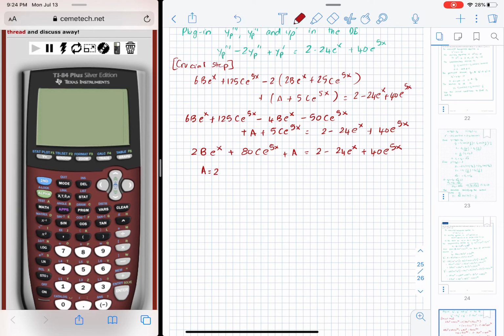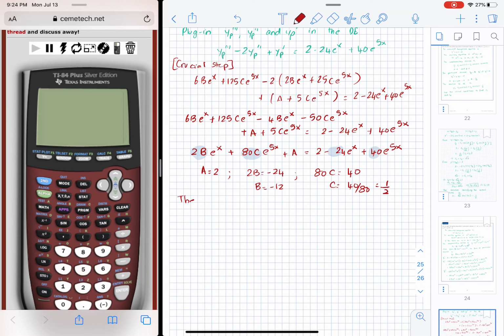I'm comparing that term to that term, so 2b is negative 24, which would mean b is negative 12, and 80c is equal to 40, which would imply c is 40 over 80, which is 1/2.